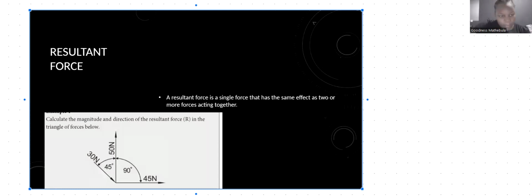So here we have an example that says calculate the magnitude and the direction of the resultant force in the triangle of forces. Here we have 50 Newton and 45 Newton. Since we have to apply component forces, here we have 30 Newton.